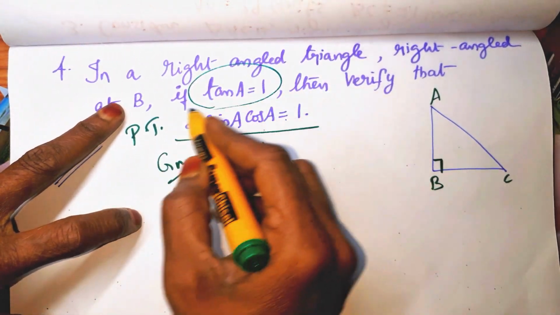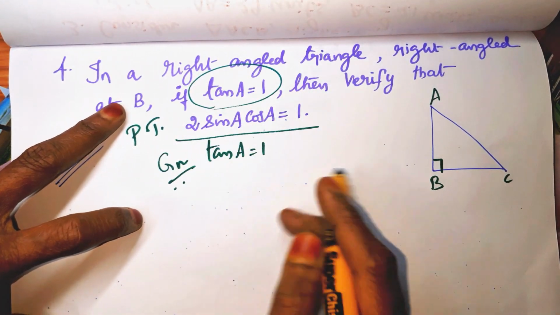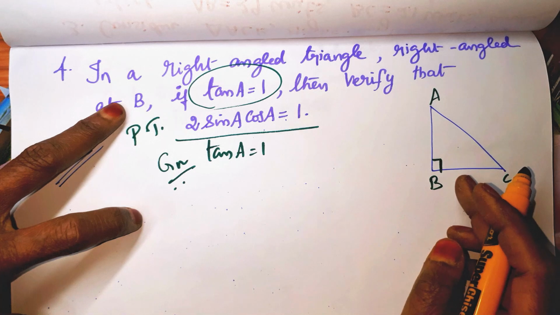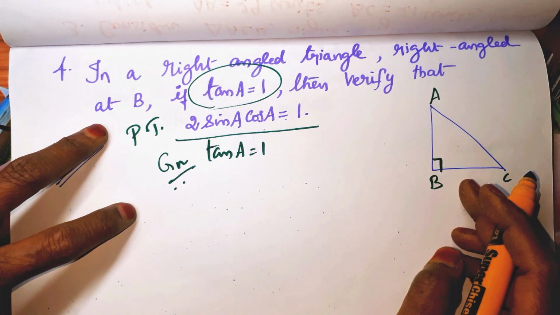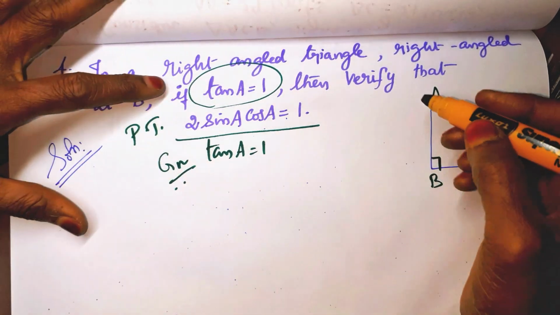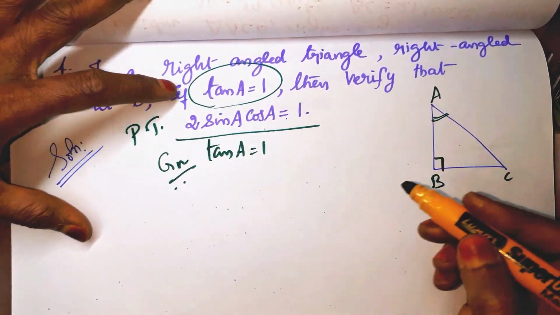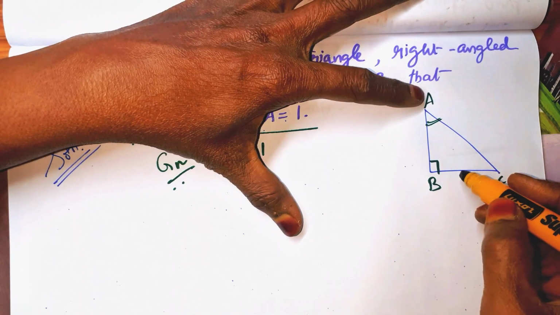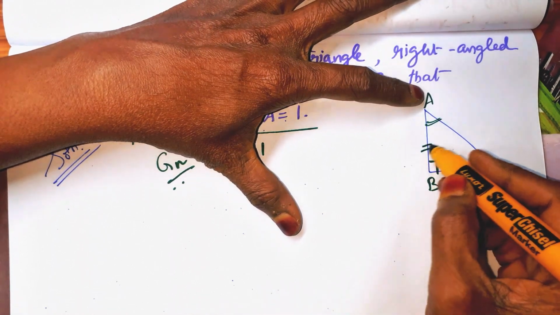For that, first we are going to write the formula for tan A from this triangle. For this angle A we have to take tan A. Tan A is equal to opposite side by adjacent side.